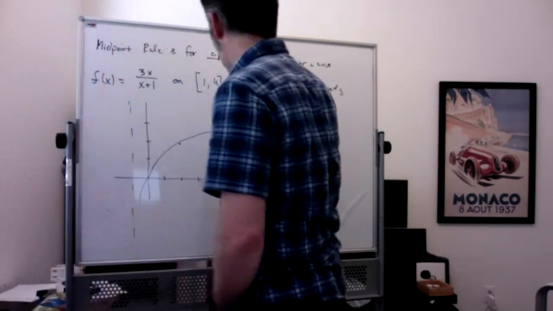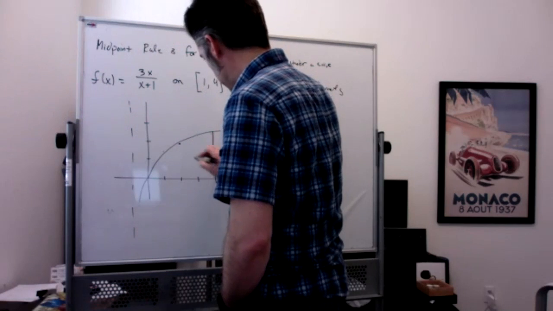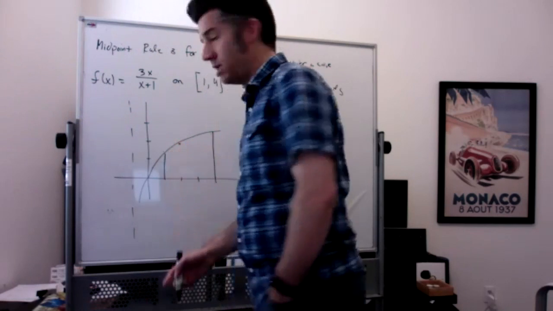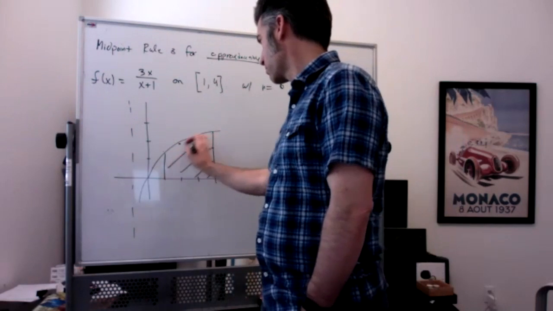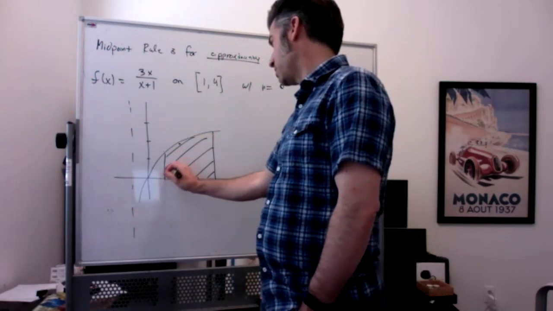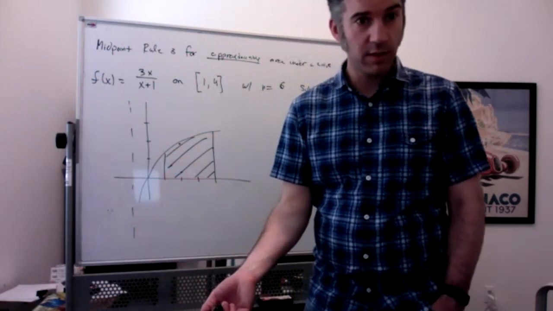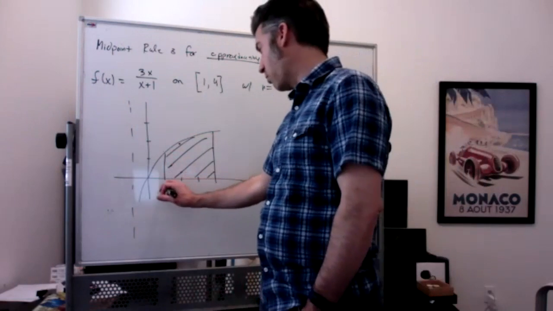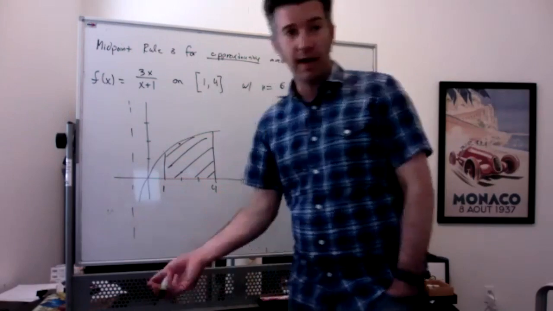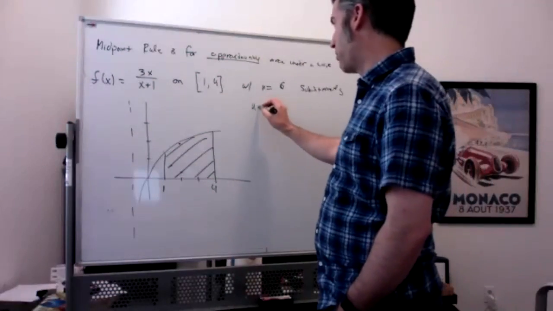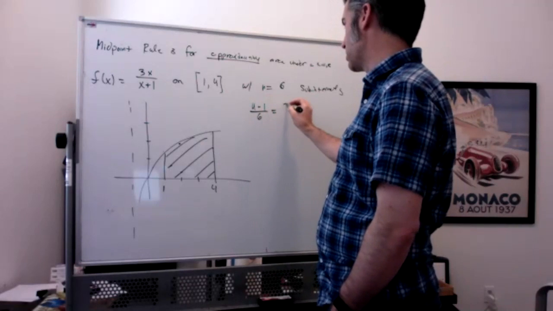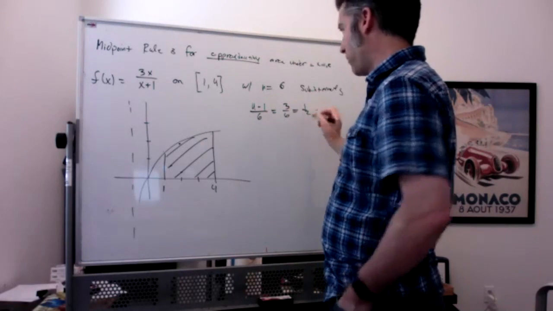Okay, so I'm trying to approximate this area. I'm going to use n equals 6 subintervals. So I'm going to take this interval from 1 to 4 and divide that length into 6 equal subsections. So 4 minus 1 divided by 6 is 3 over 6, which is 1/2.